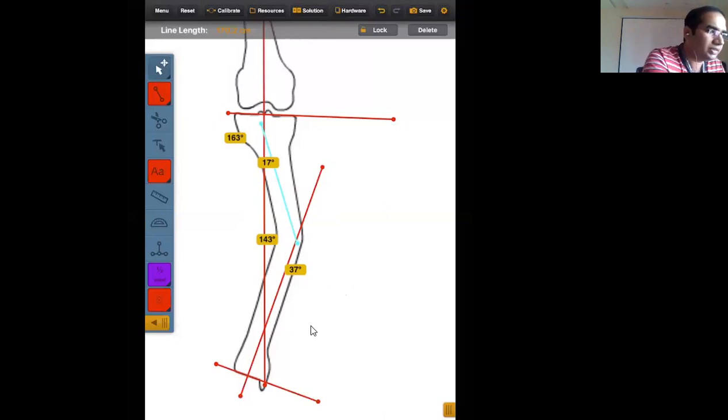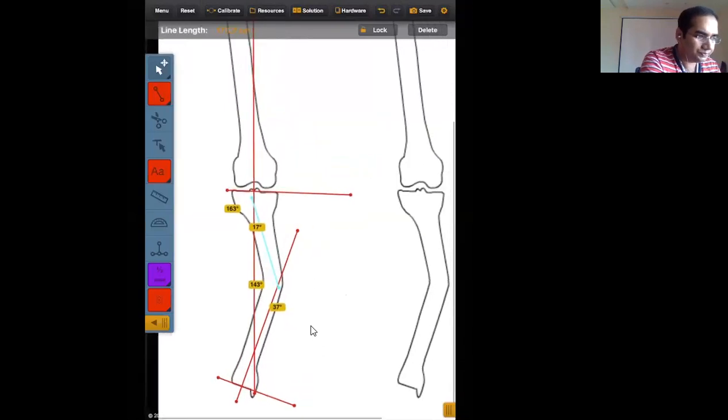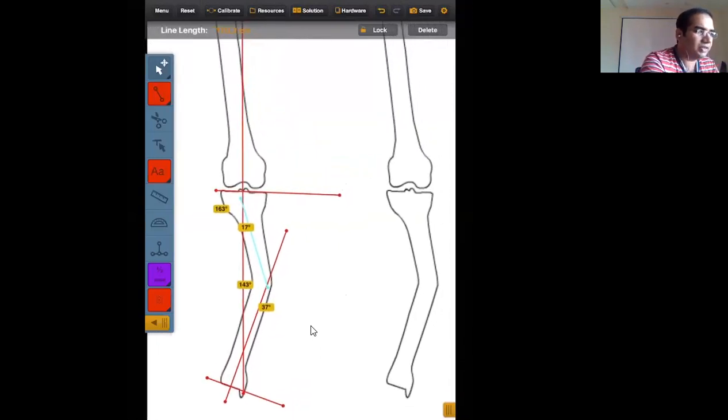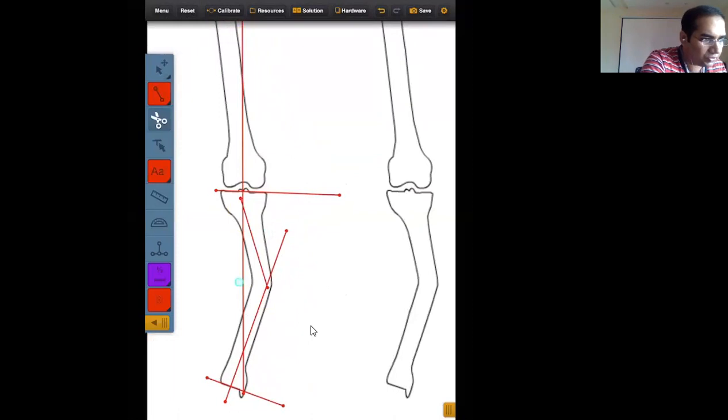So now let us correct the deformity. First, we will correct the distal deformity. Again, using the same principles, we will draw an angulation correction axis and do an osteotomy along the angulation correction axis.